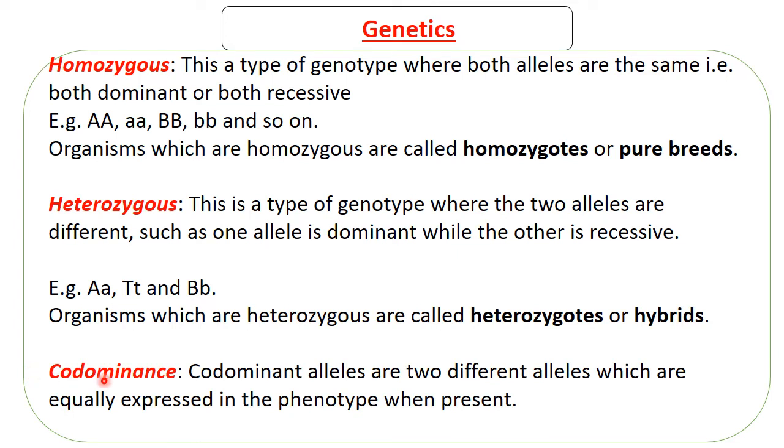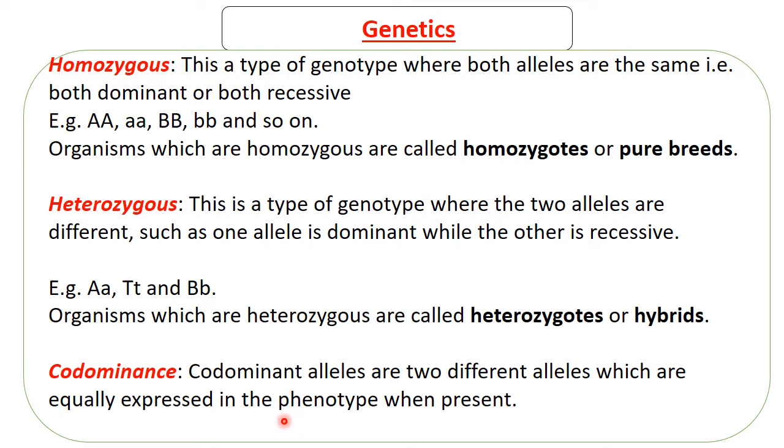Then there is a situation called codominance. Codominant alleles are two different alleles which are equally expressed in the phenotype when present. So in codominance, there is no dominant and no recessive. Both are expressed. You can see both.